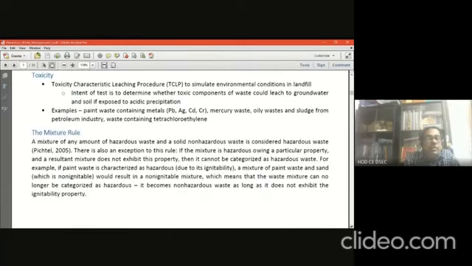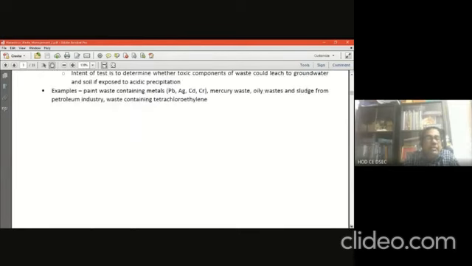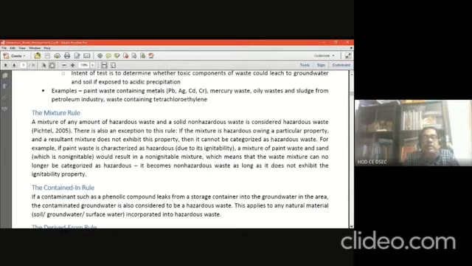Now the mixture rule is very interesting. A mixture of any amount of hazardous waste and a solid non-hazardous waste is considered hazardous waste. What do you mean by the mixture?